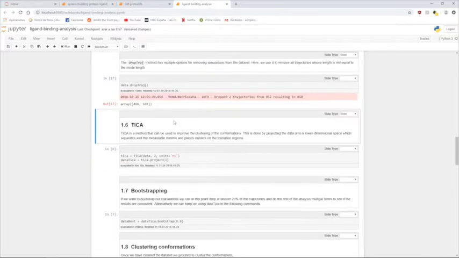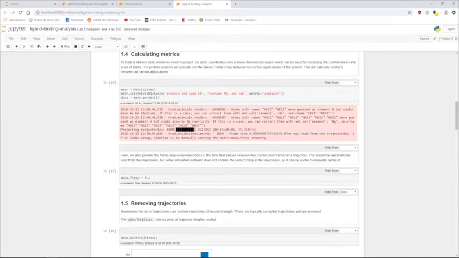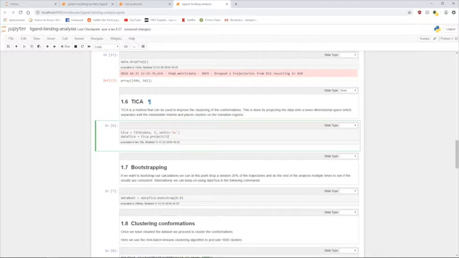Okay, so remember that we have this contact projection. Then we'll use this method, which is called TICA, time-independent component analysis, to reduce the dimensionality of our contact space into lower dimensions that will be the predominant components.